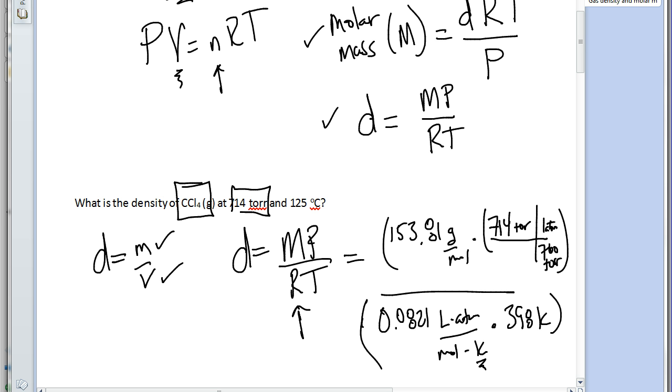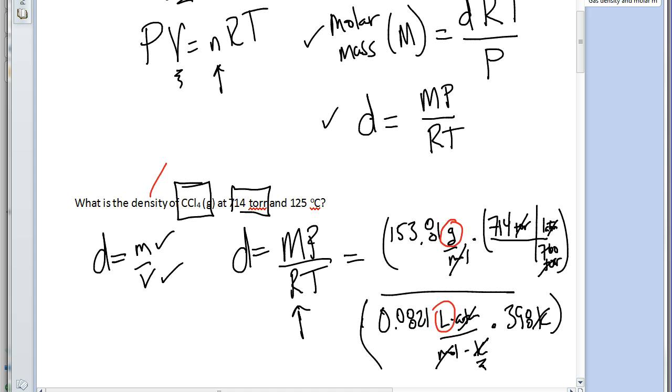I'm going to double check some conversions to make sure units are going to cancel properly. So Kelvin cancels and Kelvin cancels there. I have moles there, I have moles there. I have torr canceling with torr, and atmosphere canceling with atmosphere. And so what I'm left with on my units is grams per liter, which is really what I want for gas density.